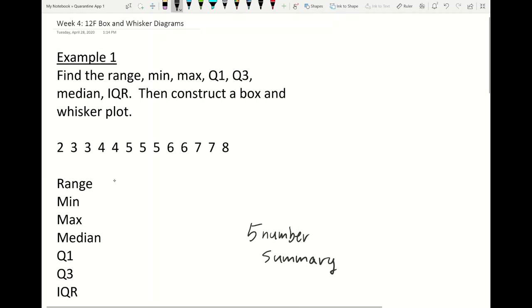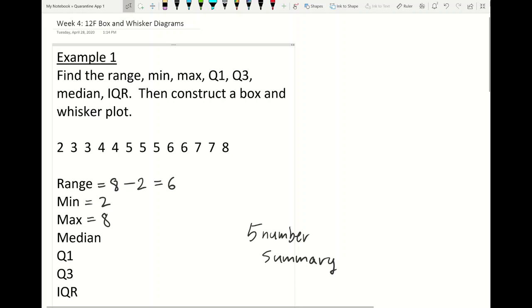The largest value is 8, which is this one right here, minus the smallest value, which is 2. So 8 minus 2 is 6. The range is 6. The minimum value is the smallest value, so it is 2. And the maximum value is this one, 8. Those are pretty easy to identify.